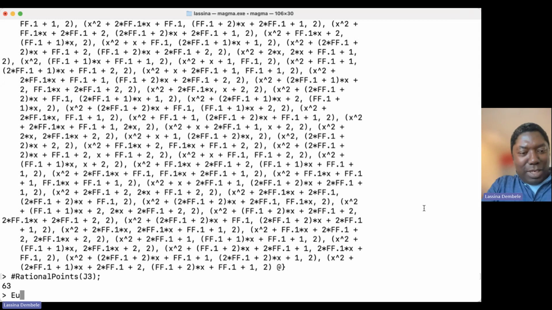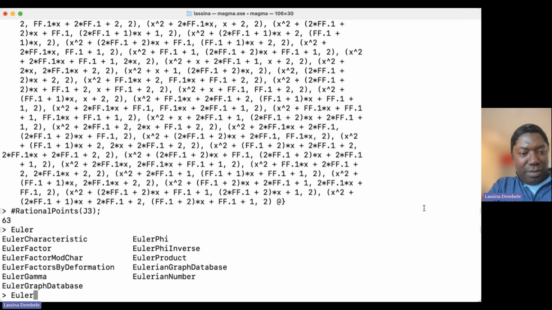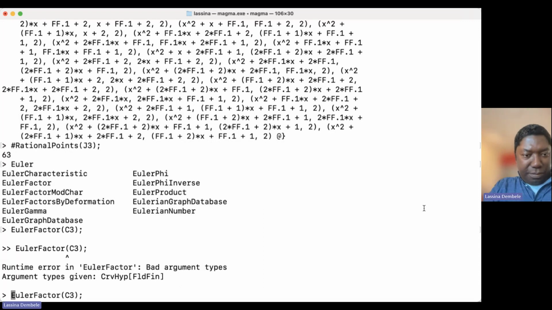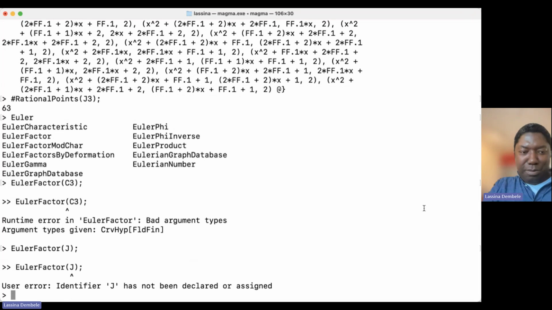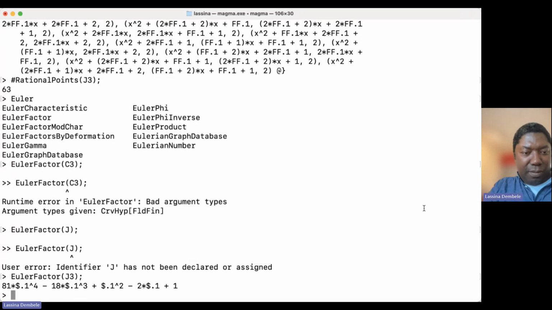Another thing that we can do is compute the Euler factor of the curve. Magma already has the infrastructure to do this.